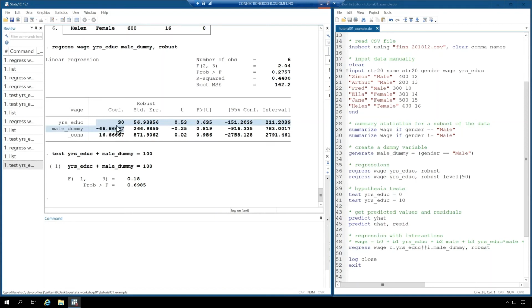The sum of these would be negative 36. What is the probability of getting this result given the standard errors?